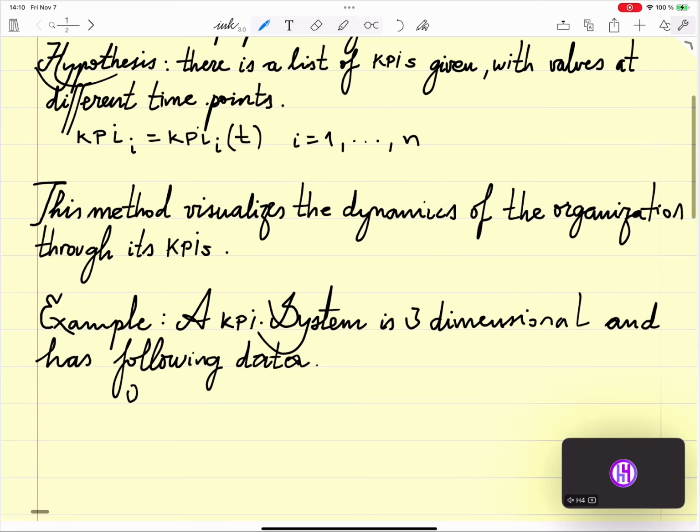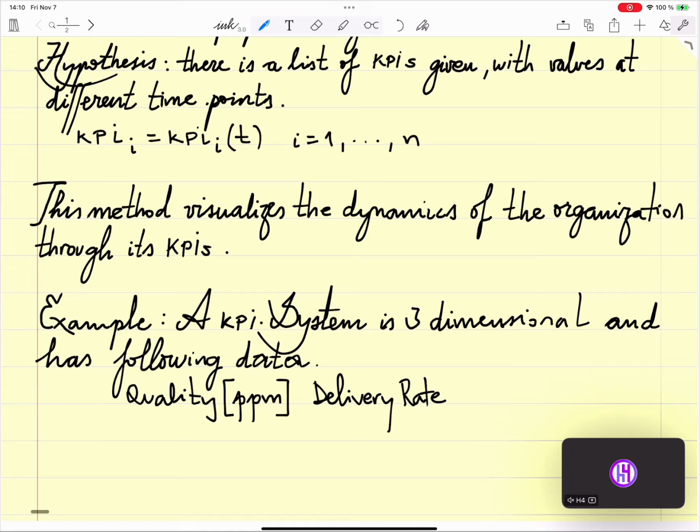Quality measured in parts per million. This is the number of mistakes per million produced parts. Delivery rate measured in percent, how many deliveries are correct in percent, and cost measured in euros per part.